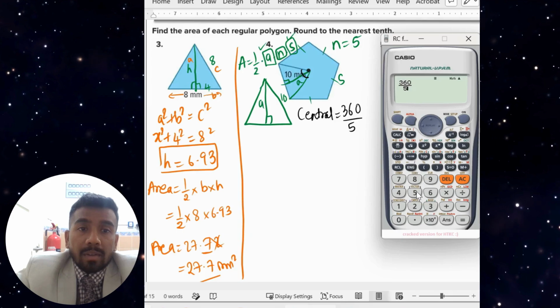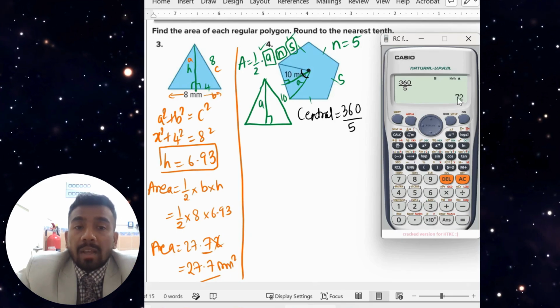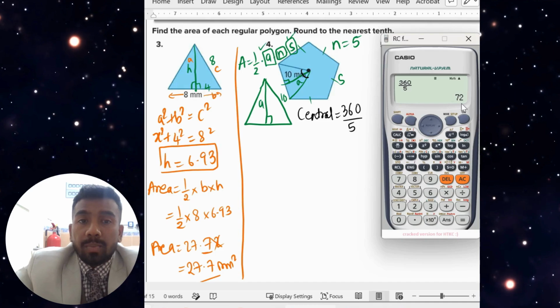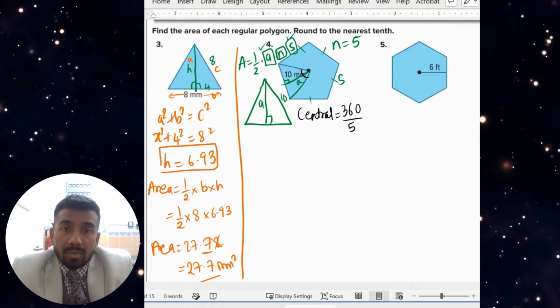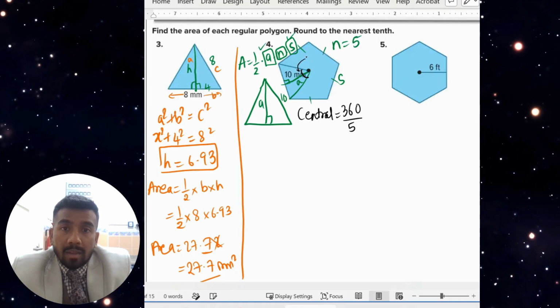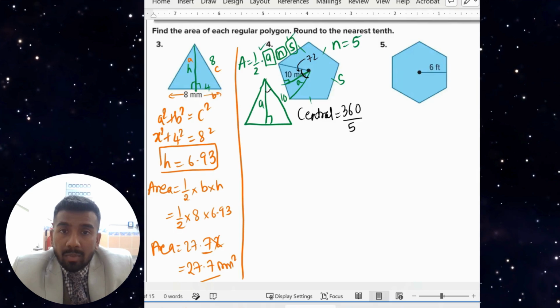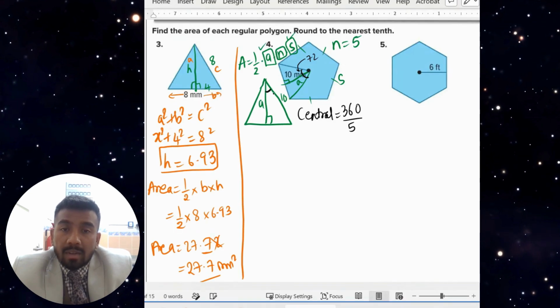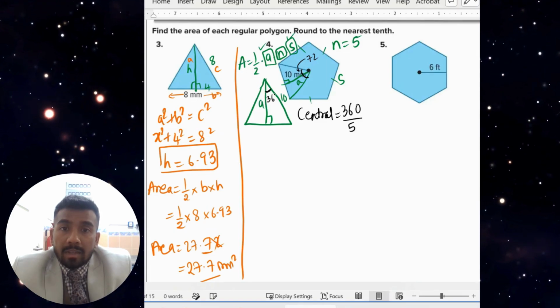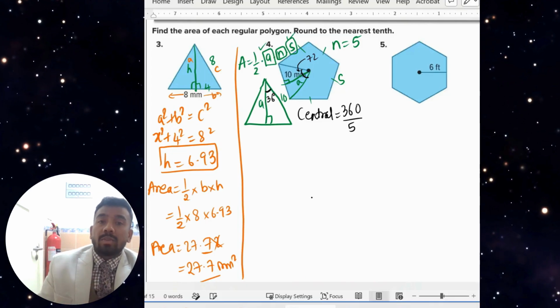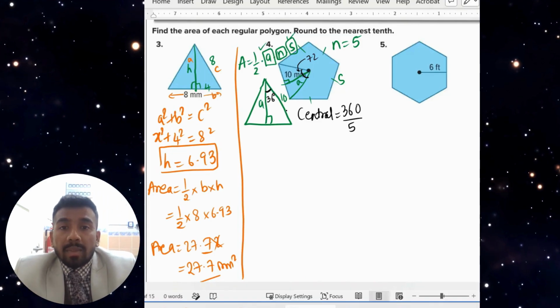So that's the central angle. How much is the central angle? 72. So this whole thing is 72. So what will be only half of it? 36. So how much is this? 36 degrees.